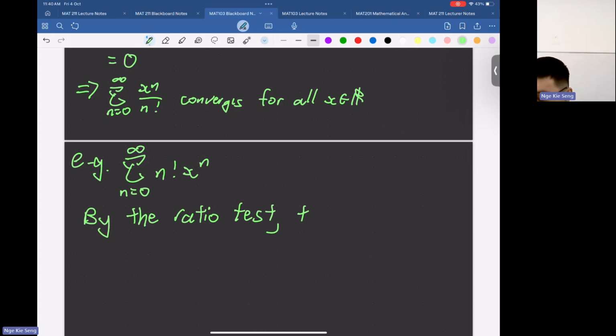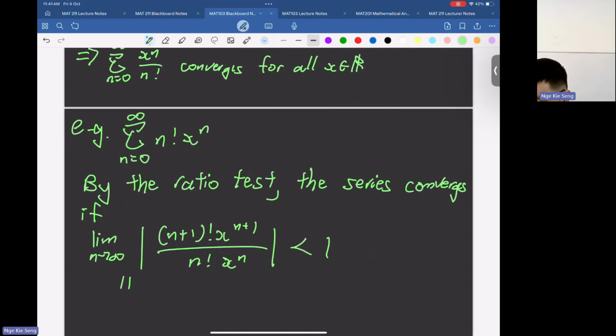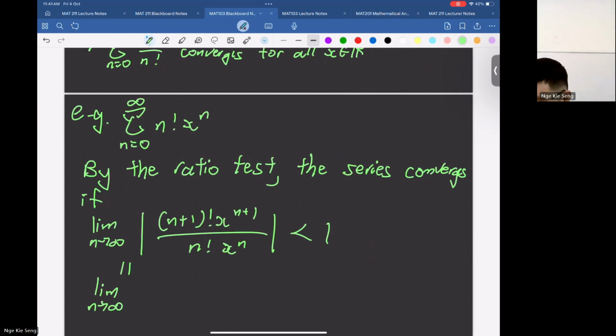So by the ratio test, when does it converge? The series converges only if the limit of the n plus 1 term over the n term is less than 1. But what's this calculation here? What's this left-hand side limit? This n plus 1 times x.